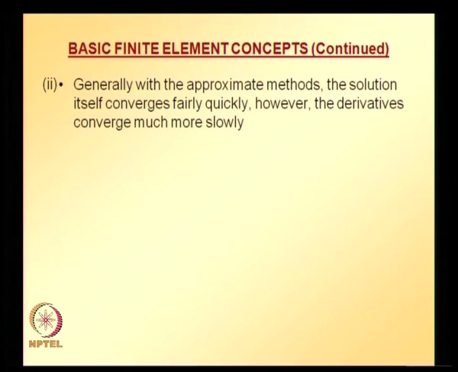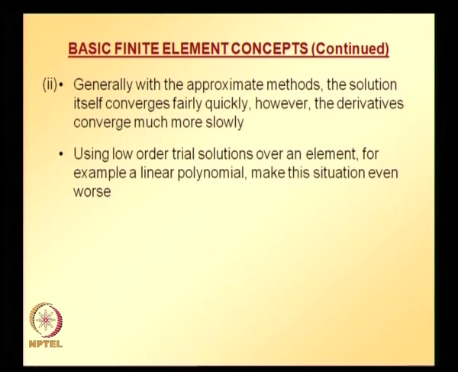Generally, with approximate methods, the solution itself converges fairly quickly. However, derivatives converge much more slowly. This is what we have observed. Using lower order trial solutions over an element, for example a linear polynomial, makes this situation even worse.